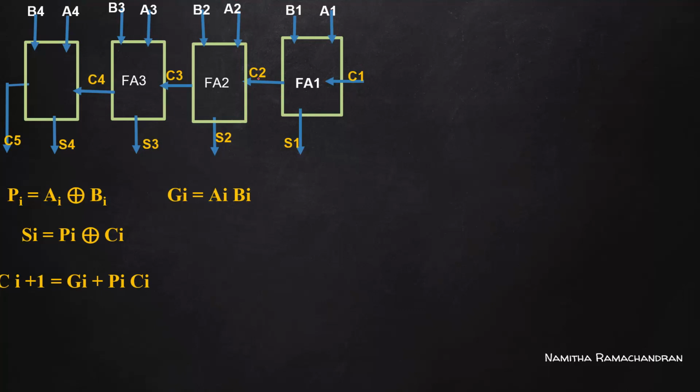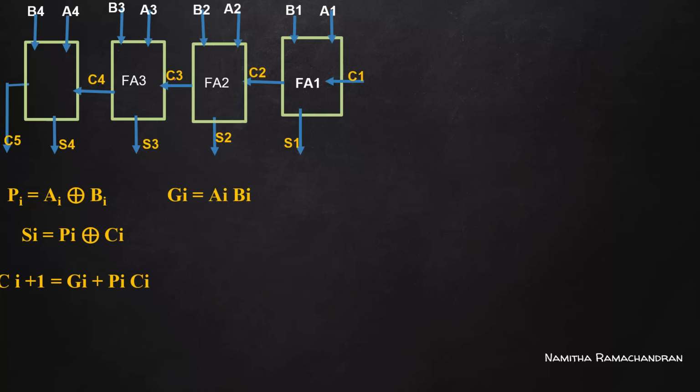But this C2 will be generated only after the execution of full adder 1. After generating the C2, it forms an input to full adder 2, and using this, full adder 2 generates carry output C3 as well as our sum bit S2.